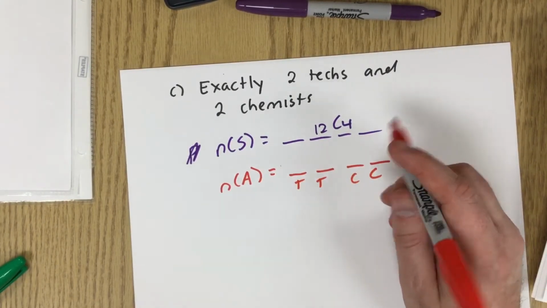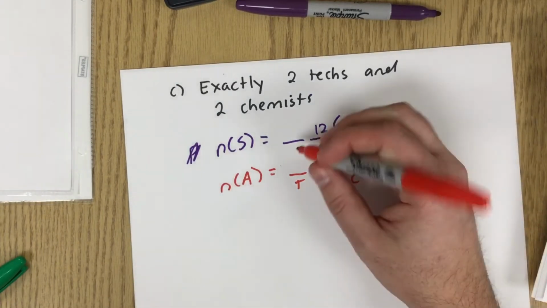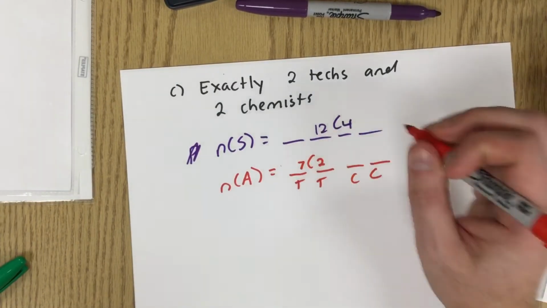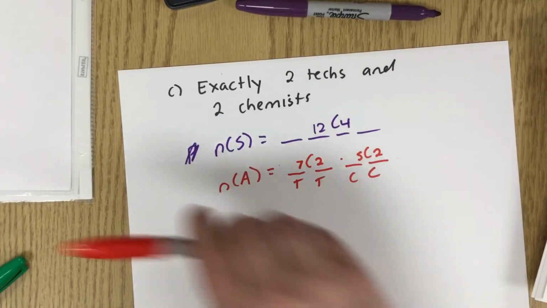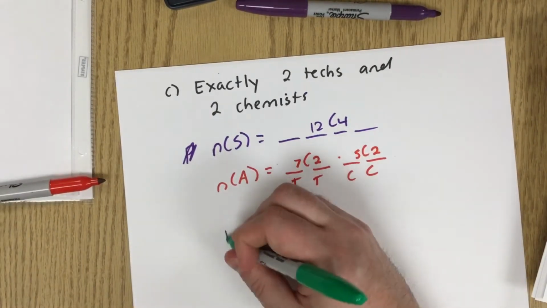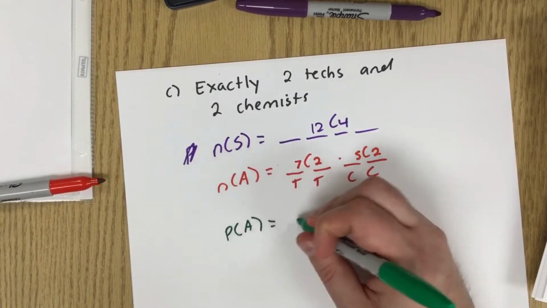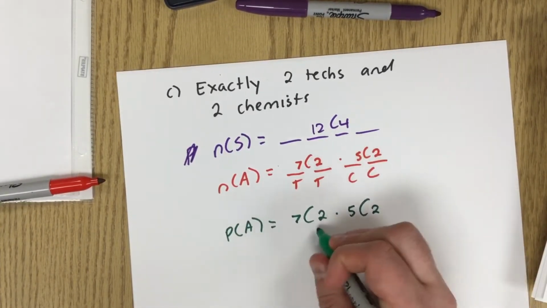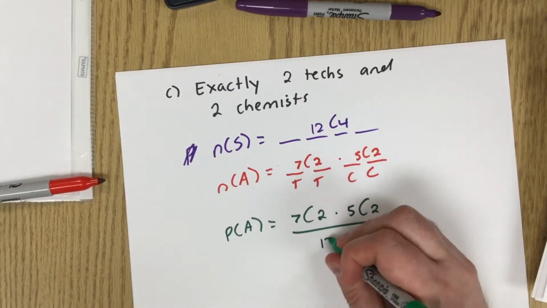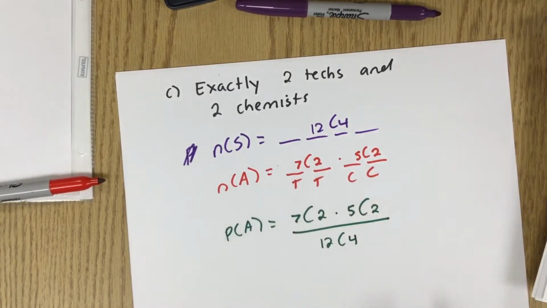What we want is the 2 techs. There are 7 technicians, and we're choosing 2 of them. There are 5 chemists, and we're choosing 2 of them. So it's going to be that times that. The probability is going to be 7 choose 2 times 5 choose 2, all divided by 12 choose 4.